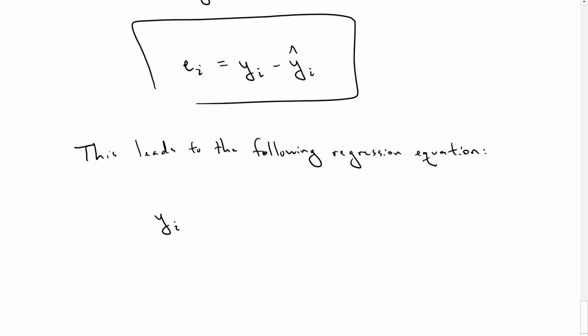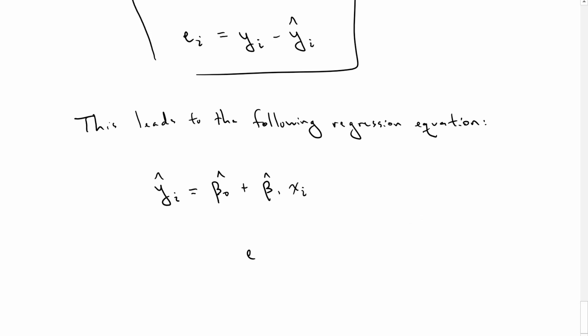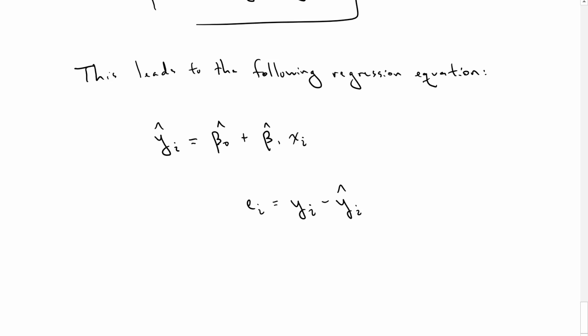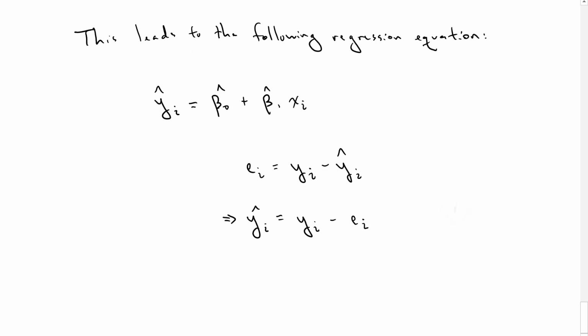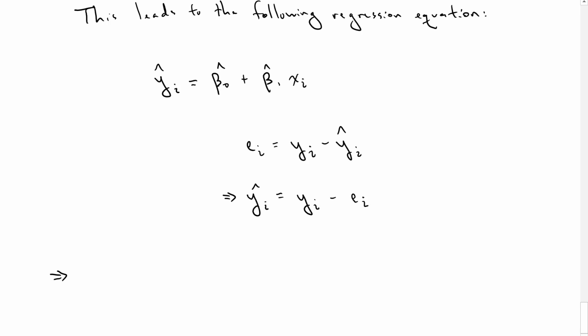If we start out with our estimated yi hat equal to beta 0 hat plus beta 1 hat xi, and if we also know that ei is equal to yi minus yi hat, we can rearrange this a little bit so that we have yi hat equal to yi minus ei, and then plug that back into the original.